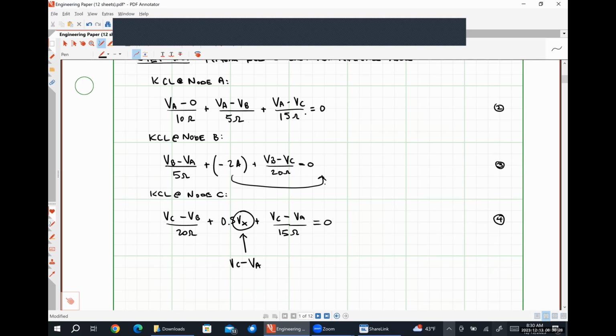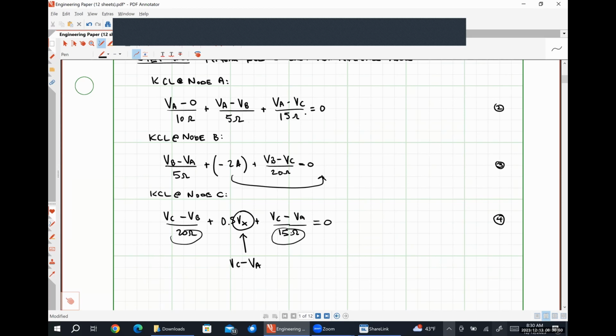And who can I pick on? Sydney, what's my coefficient for VC? So VC is positive in all three of these terms, so I'm only going to have positive numbers. I can see right here that VC is being divided by 20, so I'm going to have a factor of 1/20.